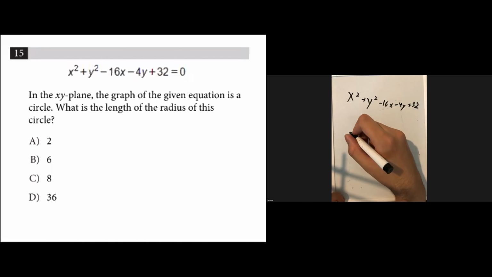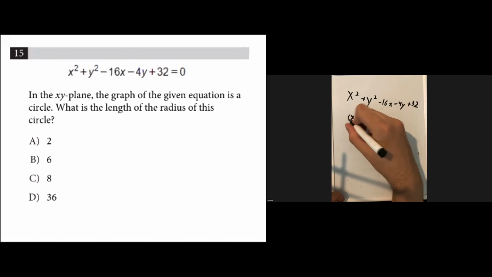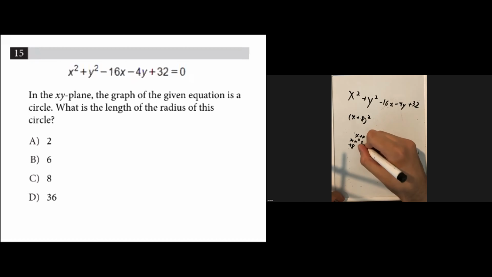And then you just factor this out, which would get us x minus 8 squared, because you do x minus 8 times x minus 8, which is just x squared, negative 8x, 64, and negative 8x minus 8x is negative 16x. So x minus 8 squared, and we had a remainder of 64.